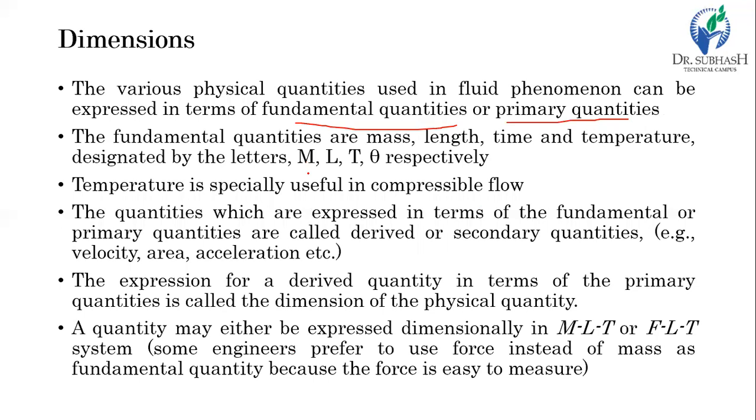M stands for mass, in kg, L stands for length, in meters, T stands for time, in seconds, and theta is for temperature. So mass, length, time, and temperature are the fundamental dimensions. Any derived quantity or derived unit can be represented with these fundamental dimensions.